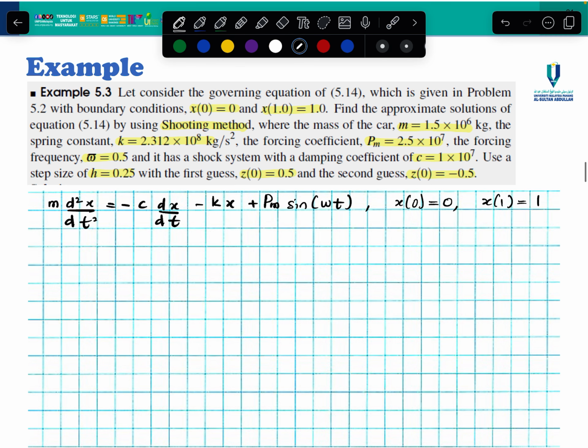Okay, now let's write: m is 1.5 times 10 to the power of 6, c is 1 times 10 to the power of 7, minus kx, plus pm sin(ωt).